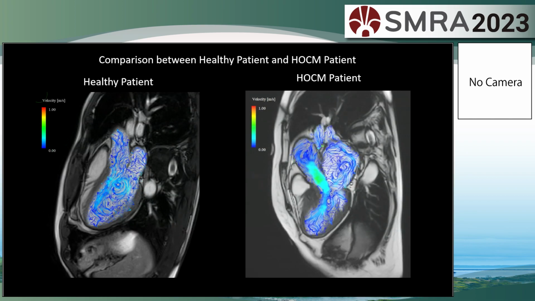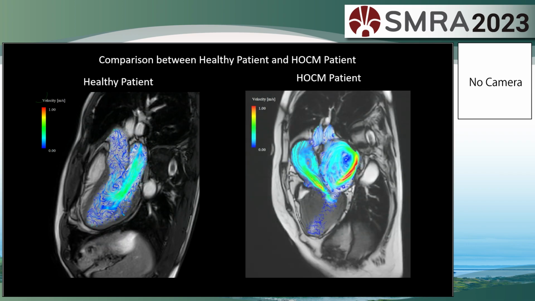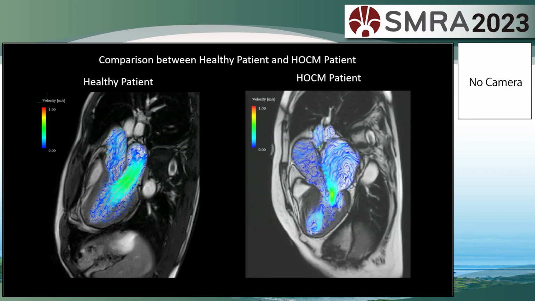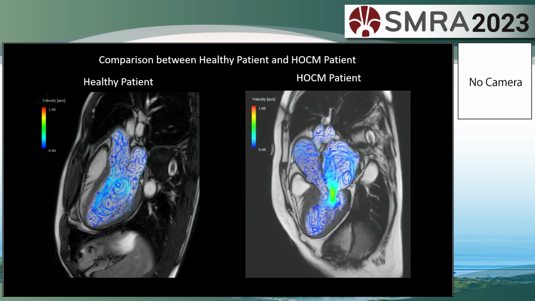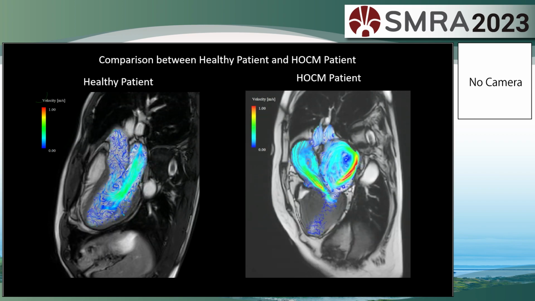So here's the example of the healthy patient and HOCM patients. On the left side, you can see healthy patient image. There's no vortex flow in ascending aorta, sinus of Valsalva, and left atrium.